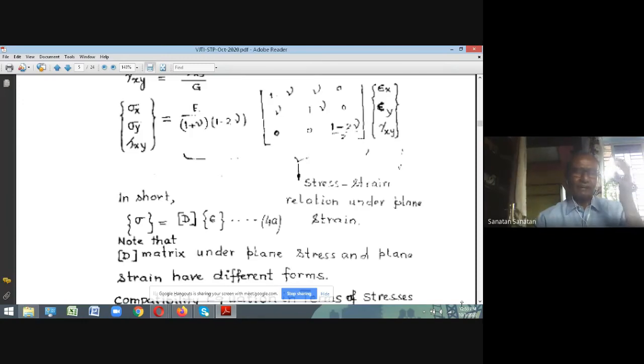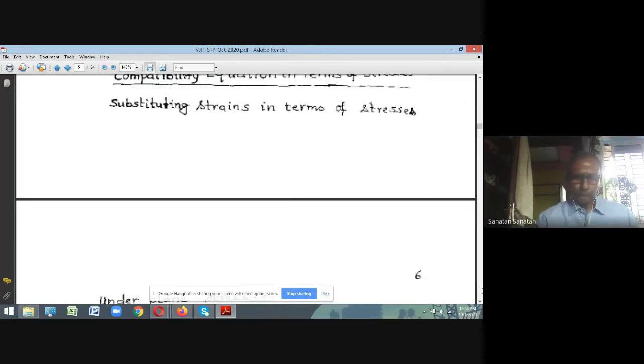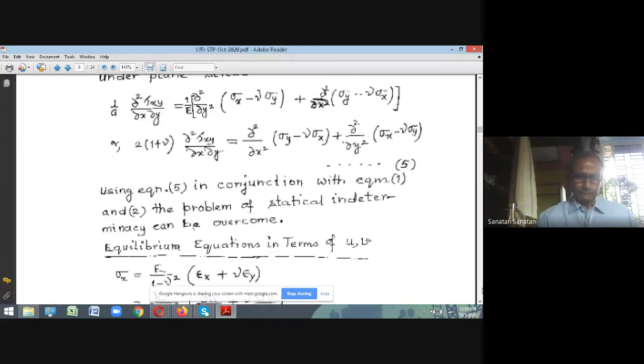If it is plane stress, 3 strains are related to the 3 stresses. In the case of plane strain, you have the 4 stresses, sigma z is there, but it is a function of sigma x and sigma y. So finally, in plane strain also I have 3 unknowns: sigma x, sigma y, and tau xy. So that condition we have come for both these situations.